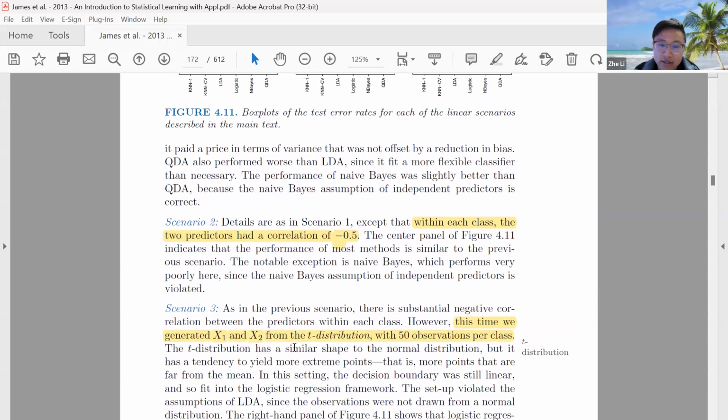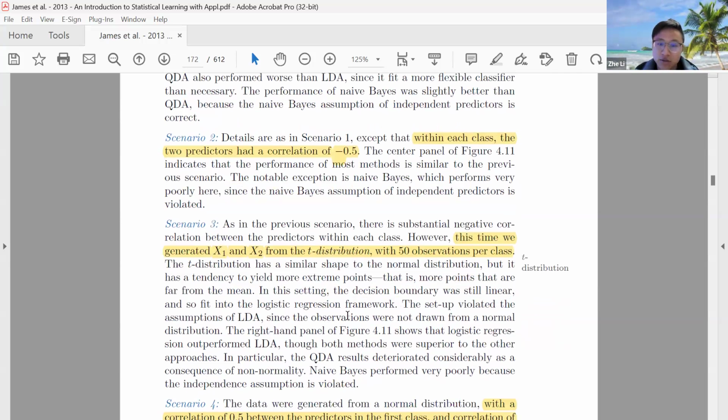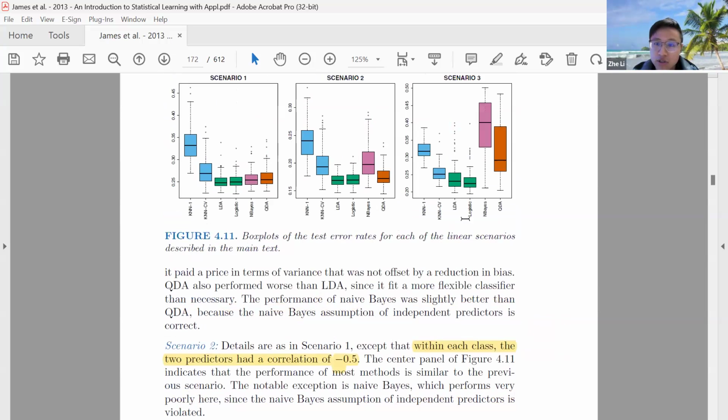In that setting, the decision boundary is still linear, so it fits into the logistic regression framework, but the setup violates the assumption of the LDA. So logistic regression performs the best, followed by the LDA, and naive Bayes has the worst performance in this setting.